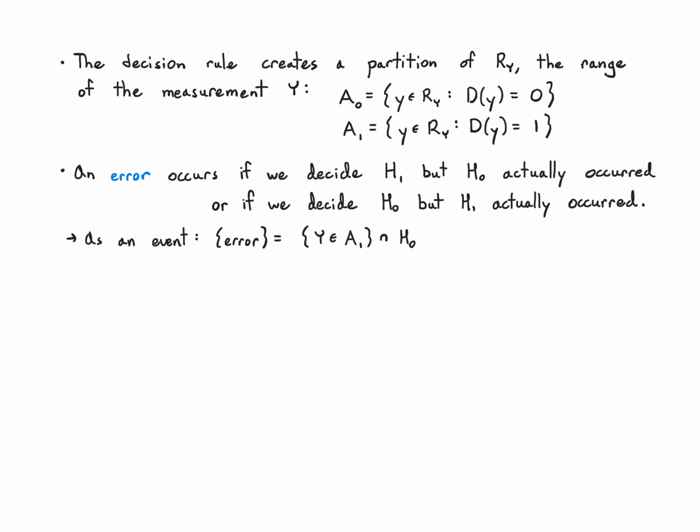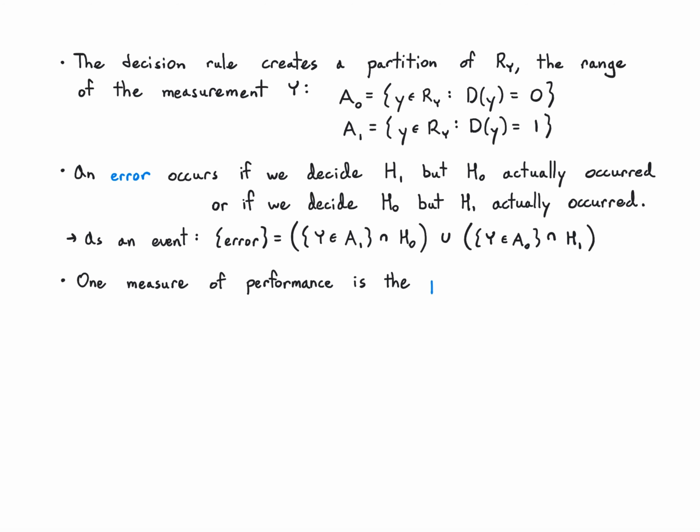So I take the intersection of Y falling into the decision region A1 with H0, and I take the union of that with Y falling into A0 when H1 actually occurred. Those are the two ways an error can occur, where the hypothesis generates a Y that falls into the wrong decision region. A really important measure of performance is the probability of error.